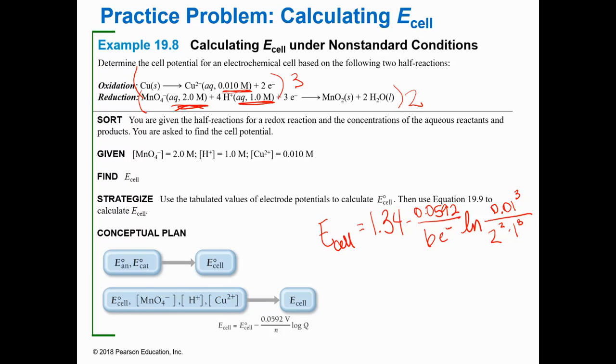Okay, and I get that E cell at the end is 1.49 volts.